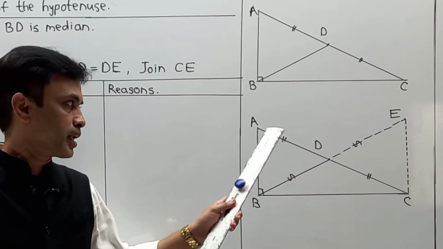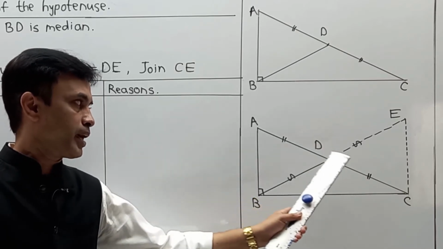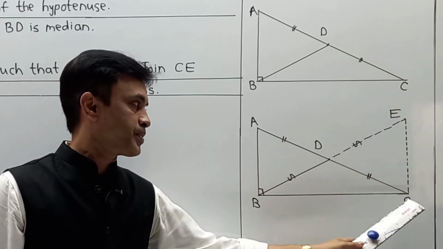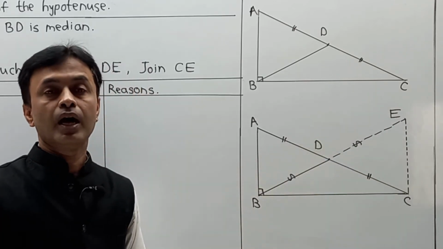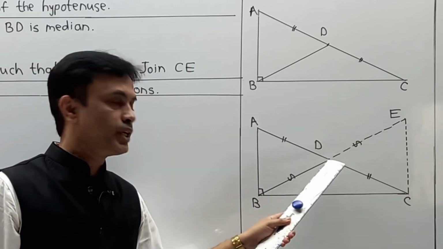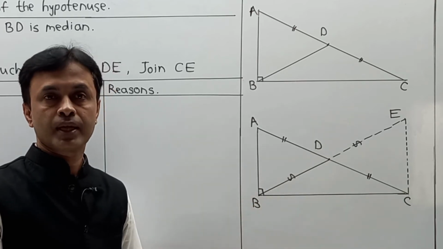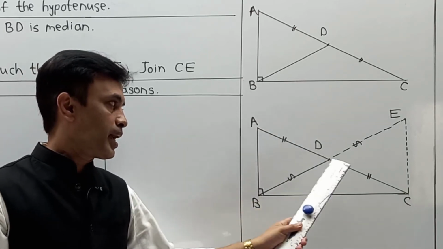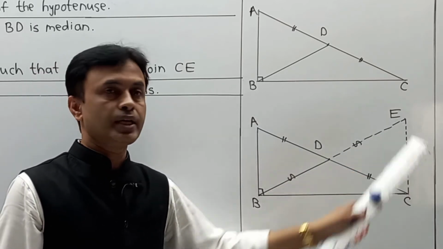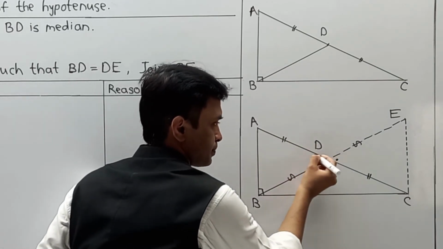Which are these triangles? I am talking about triangle ADB and the second triangle CDE. How are they becoming congruent? First, AD is congruent to CD because D is the midpoint of AC, as given. Next, angle ADB is congruent to CDE because these two are vertically opposite angles.